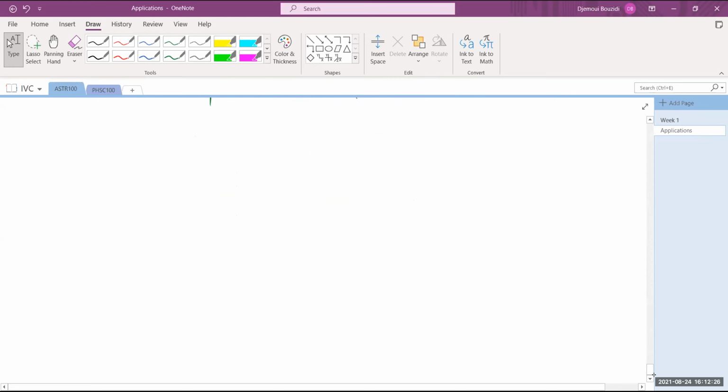Question number 9 from the book says the following. The radius of the sun is 7 times 10 to the power 5 kilometers. Kind of lazy, I don't want to write the whole thing, so I just wrote R in there. You will see that common when we do problems, we use symbols a lot.